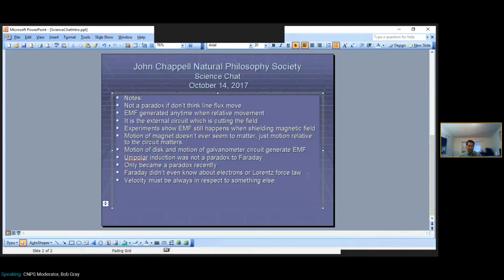You have to redefine the vector potential so that that velocity is with respect to the test charge or the point of observation. And that makes it a relative quantity, but it breaks the classical electrodynamics.